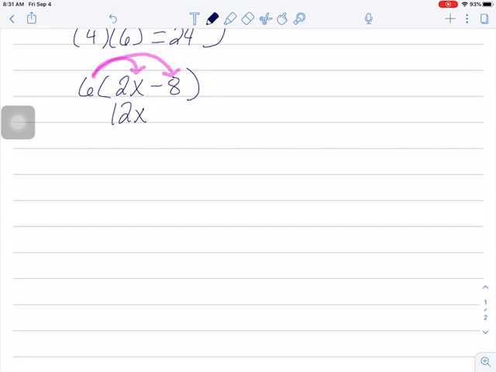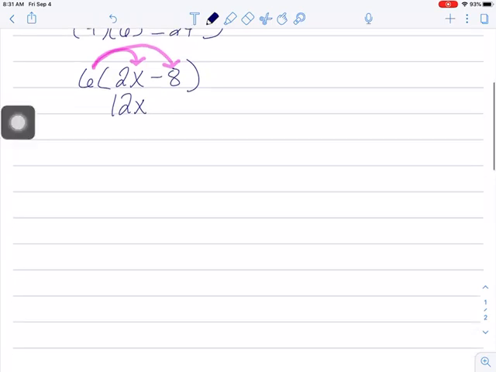Now, when you multiply that 6 by the second term here, we need to make sure that we are including the negative with our term. So we're going to multiply 6 times negative 8. So 6 times negative 8 is negative 48.